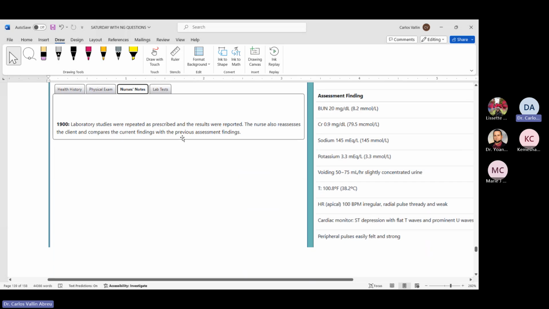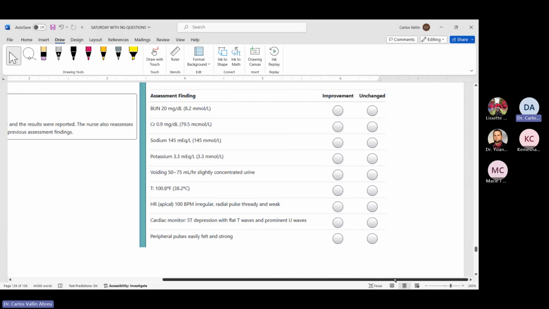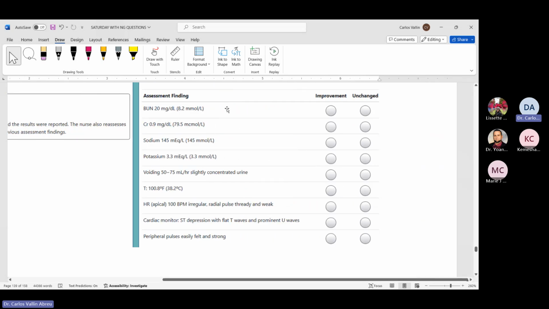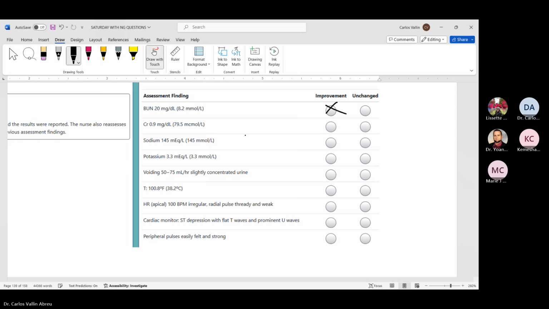Laboratory studies were repeated and prescribed, and the results were reported. The nurse reassessed the client and compared the current findings with the previous assessment findings. So now the BUN is 20, improved. The creatinine is 0.9, unchanged.